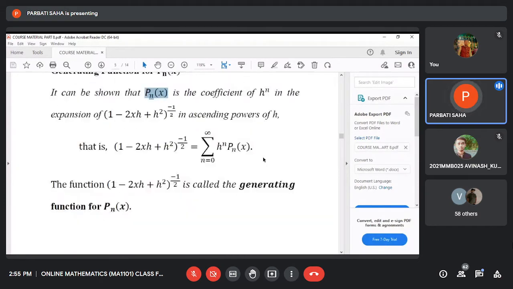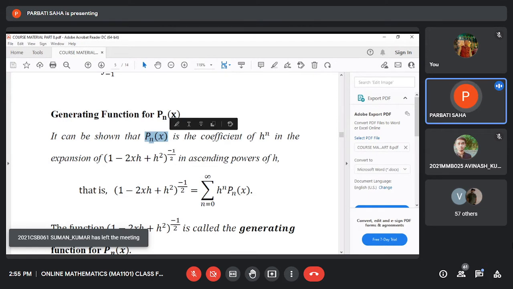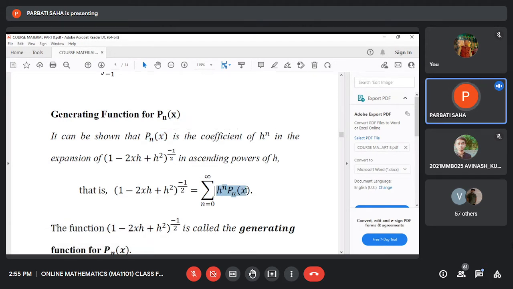Now, it can be shown that Pn(x) is the coefficient of h to the power n in the expansion of this in ascending powers of h. If we expand this in ascending powers of h, then Pn(x) will be the coefficient of h to the power n. So this equals the summation of h to the power n Pn(x). Pn(x) is the coefficient of h to the power n.